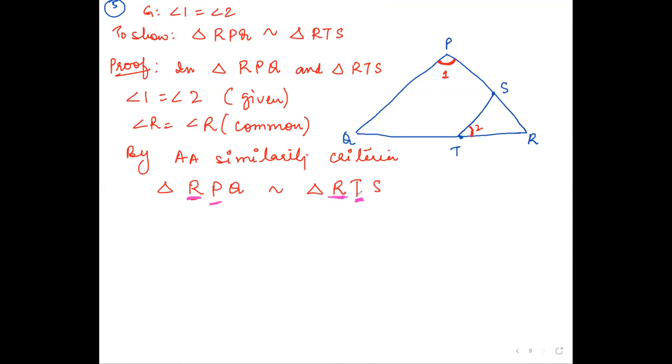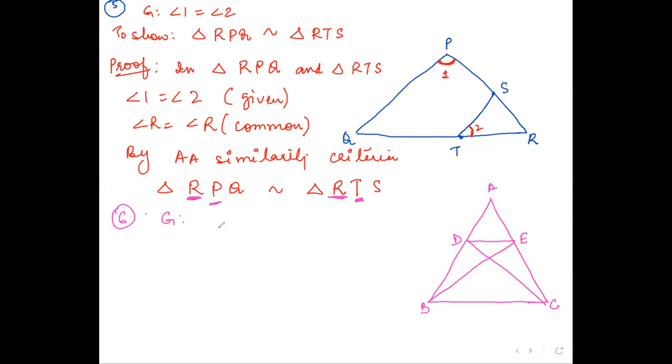Let's do the sixth one now. In figure 6.37, okay, so the figure is given. Let's draw it. Okay, write down what is given here.